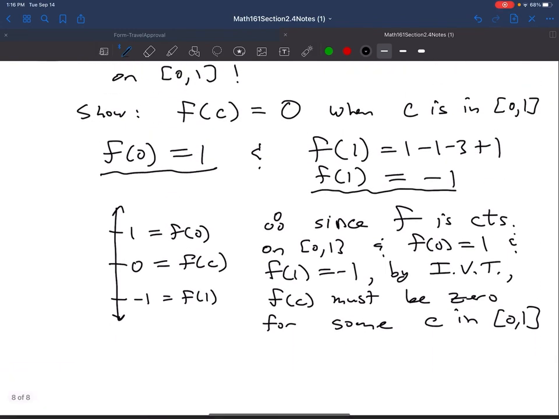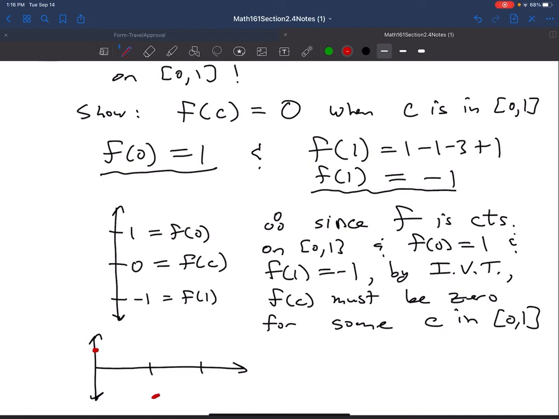So let's take just a miniature picture in 2D, I guess. We don't even care at this point what this actual function looks like. But if it's 0, I'm at 1. And at 1, I'm at -1.